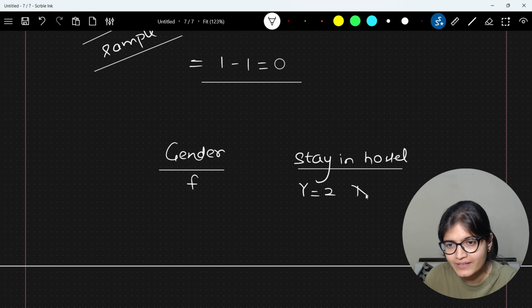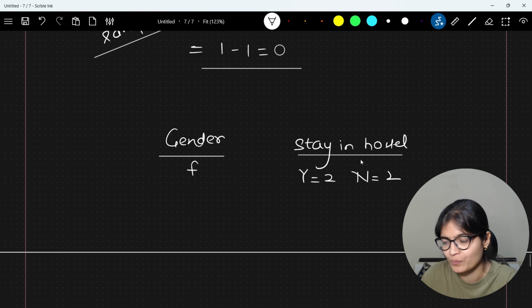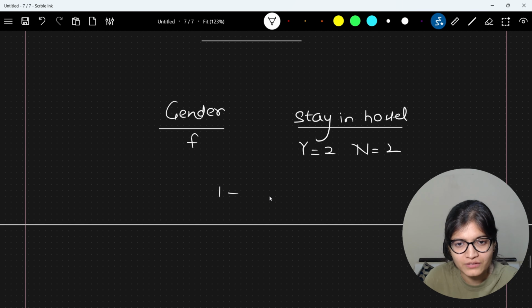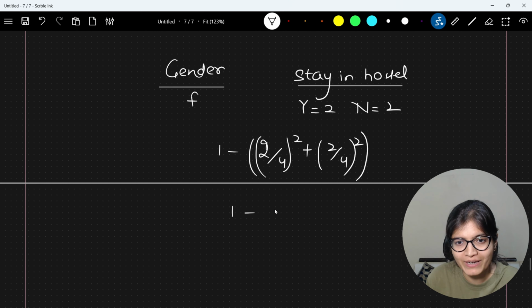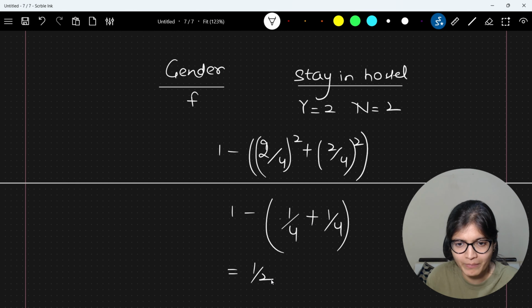Suppose 2 are yes, and 2 are no. In that case the probability will be 2 by 4 whole square plus 2 by 4 whole square. So it will be 1 minus 1 by 2 square, which is 1 by 4 plus 1 by 4, so 2 by 4, which is 1 by 2.